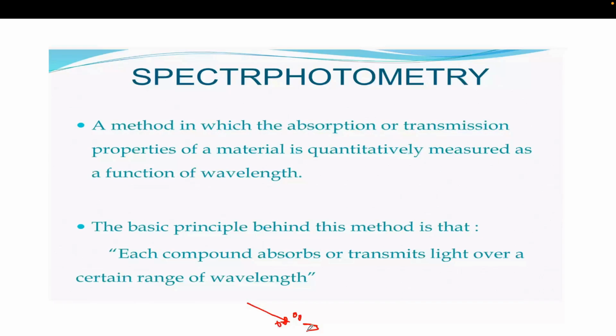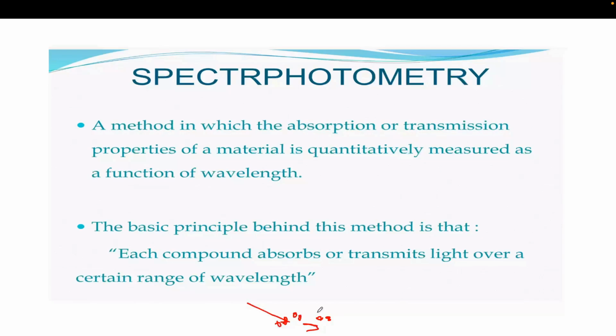material. Suppose a lot of material is present, meaning the concentration is high. Then the absorbance of light will also be very high, and the transmission of light will be very low, because there are more substances which absorb maximum light and allow the transmission of very little light.